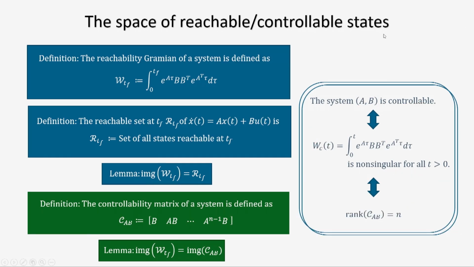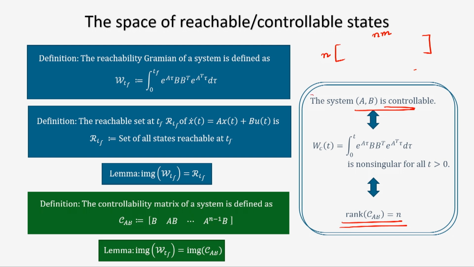Remember this is a fat matrix. How many rows? n rows and nm columns. So the maximum rank this matrix can have is n, not more than that, and if the system is controllable, the rank of CAB must come out to be n.